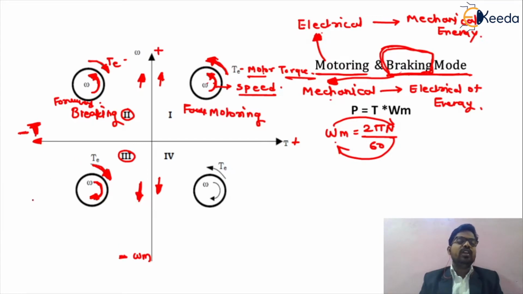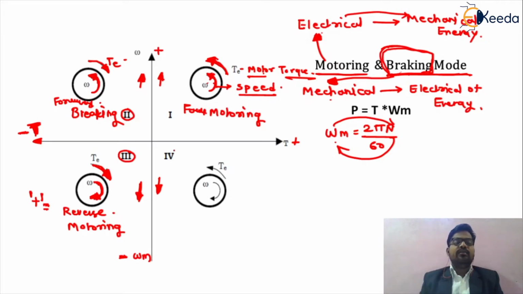So negative times negative gives a positive result. A positive result means we are converting electrical energy into mechanical energy, but in the reverse direction, so we call it the reverse motoring mode, because the direction of speed has changed.